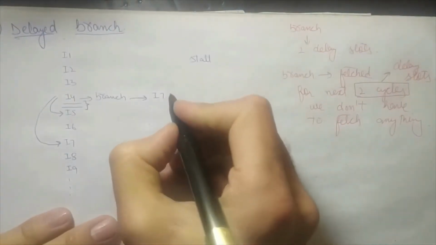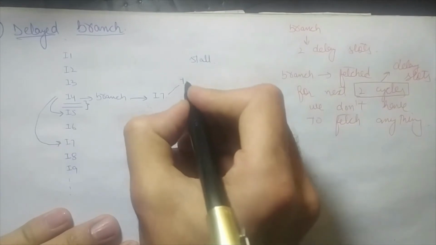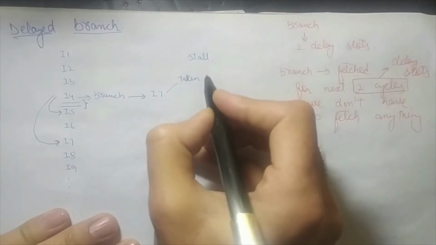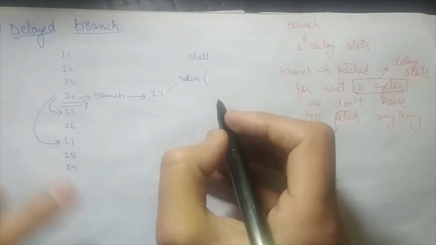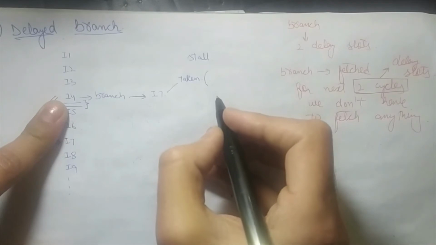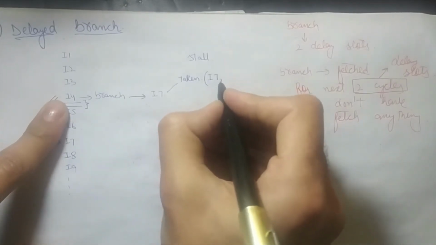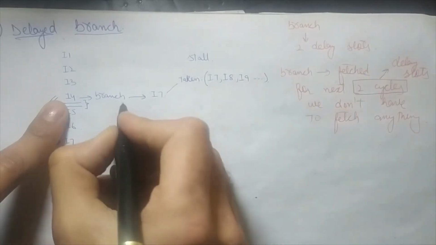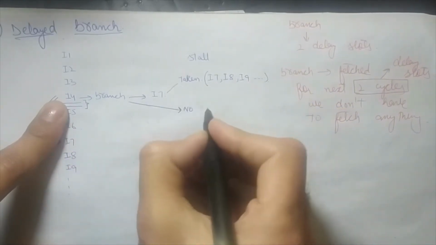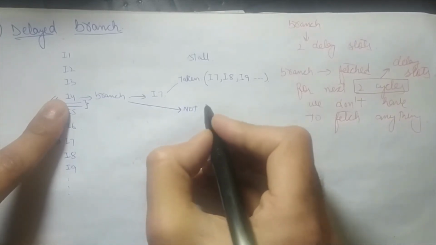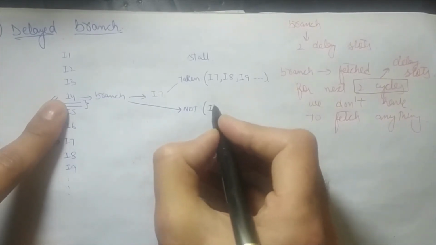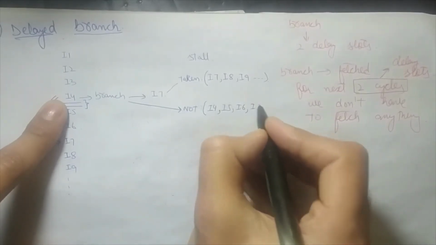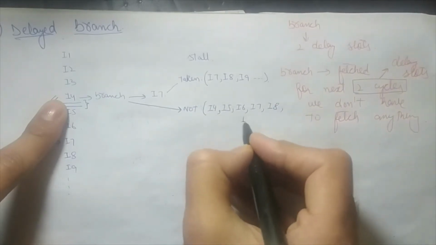Now let's say this branch is taken. Then after I4, the instructions we have to execute are I7, I8, I9, and so on. However, if the branch is not taken, then we have to execute I4, I5, I6, I7, I8, I9, and so on.